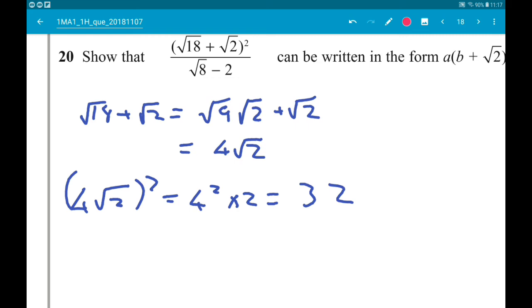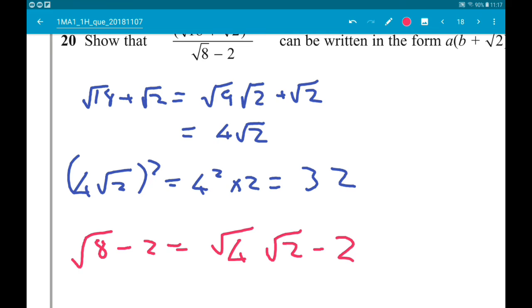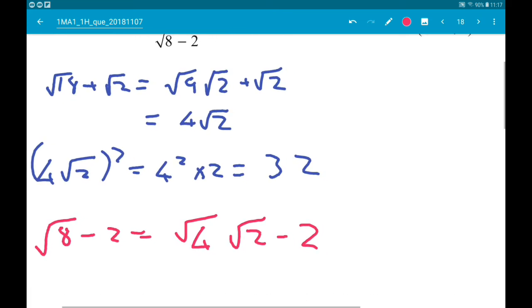Now the bottom, root 8 minus 2. Well, root 8 can be simplified to root 4 root 2. Now, root 4 root 2 is just 2 root 2. So we have 2 root 2 minus 2.